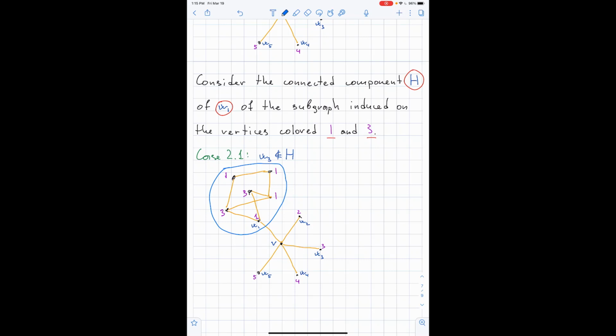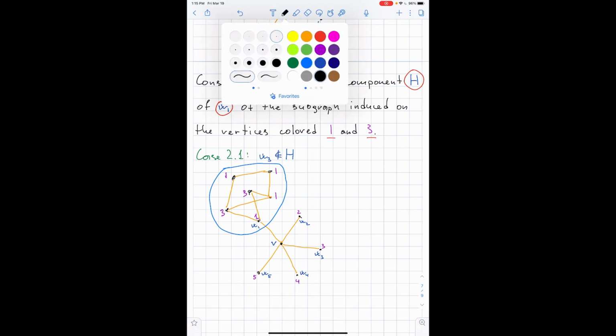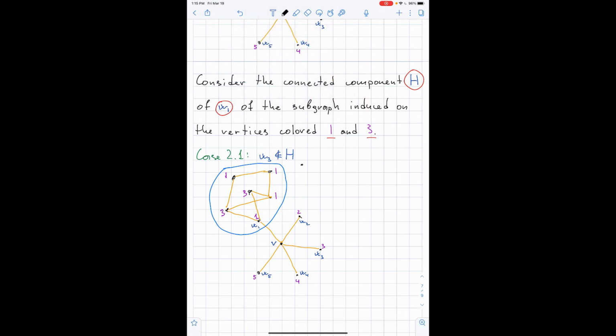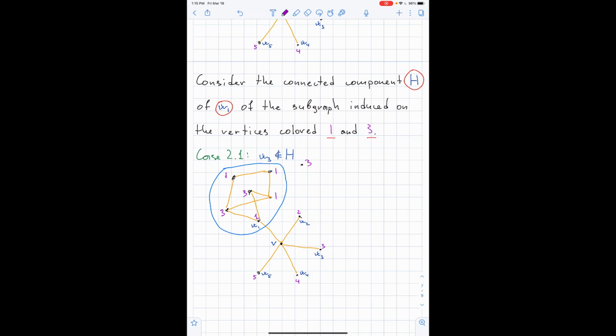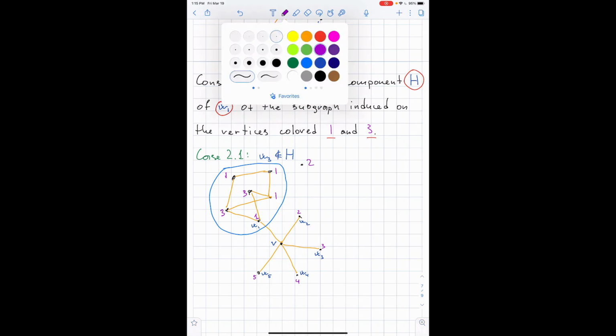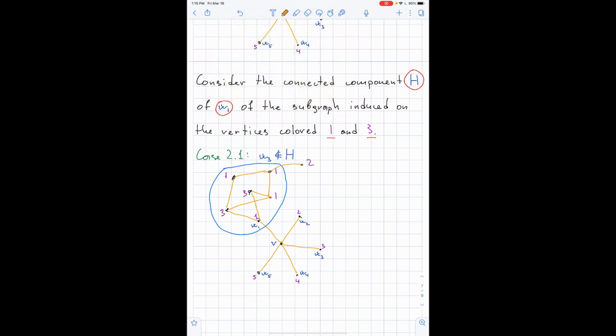There might be more vertices here of some other colors. Let's say of color 2 attached there, like that, or maybe like that. That's fine, but it is not colored in 1 and 3, so we don't consider it.